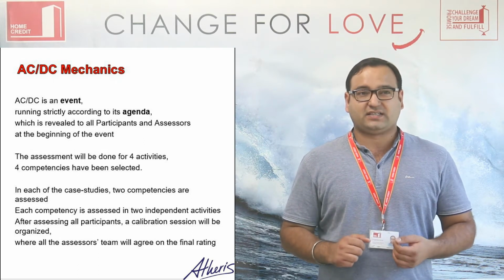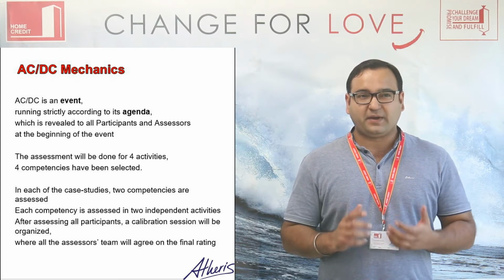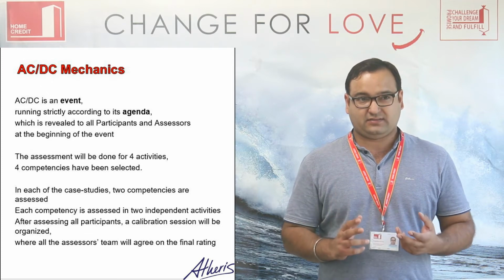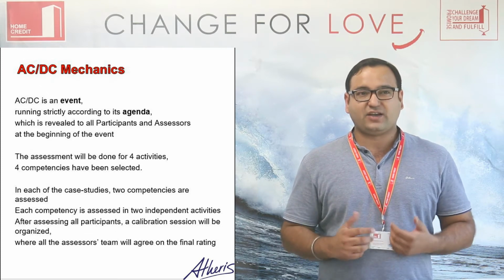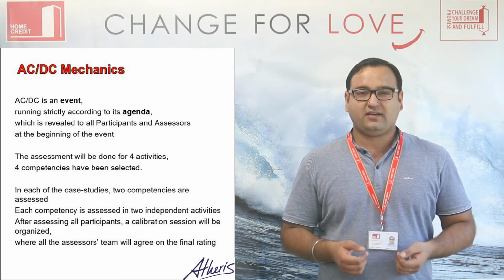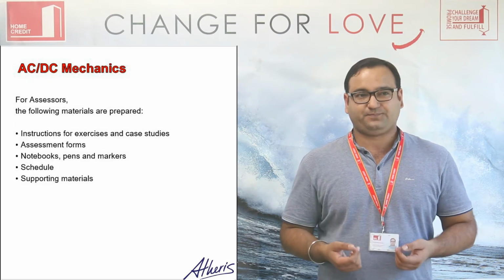In each of these activities, 2 competencies are assessed. Each competency is assessed in 2 independent activities. After assessing all participants, a calibration session will be organized where all the assessors' team will agree on the final rating.